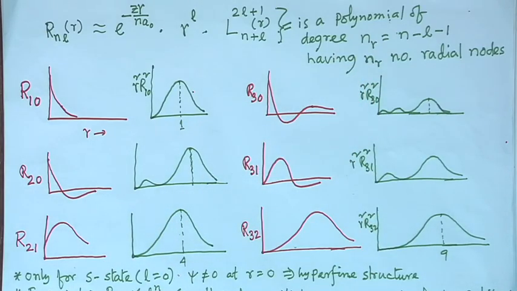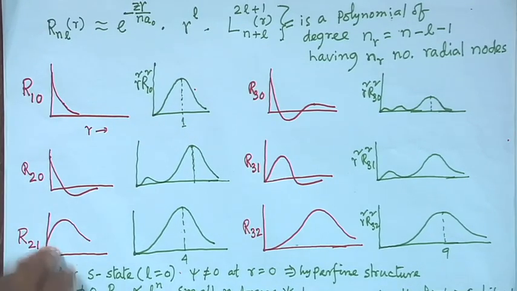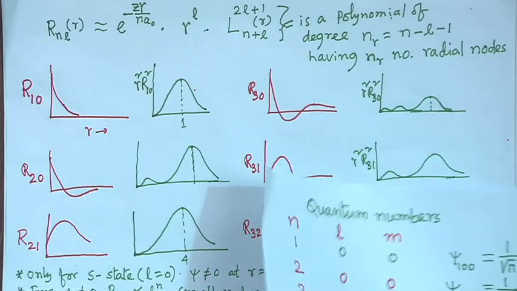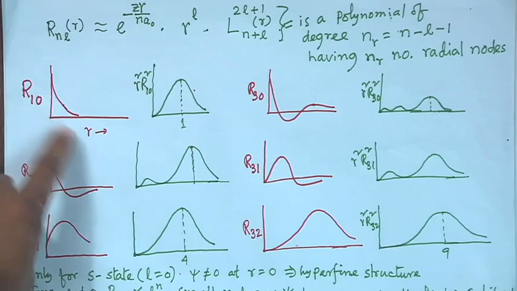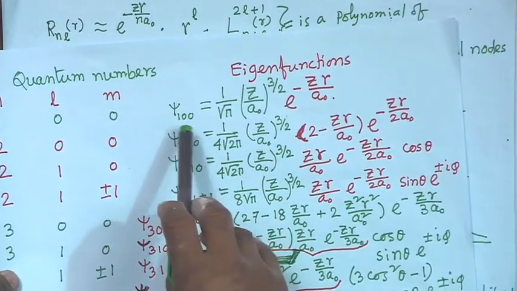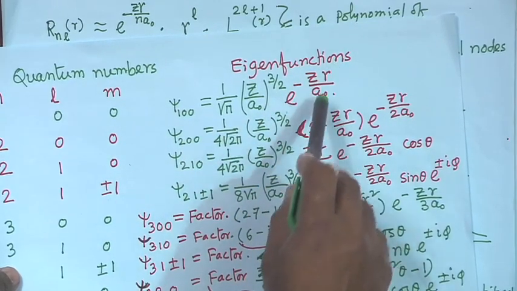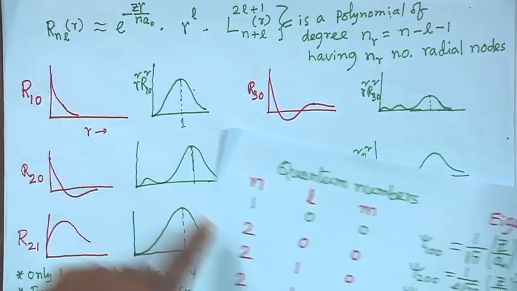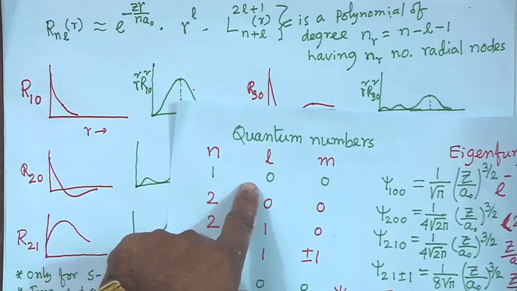Okay. So, I already tried this. If I plot them as a function of r, this radial wave function with e to the power minus Zr over a0, for R10, for Rnl, so 10 for 10.